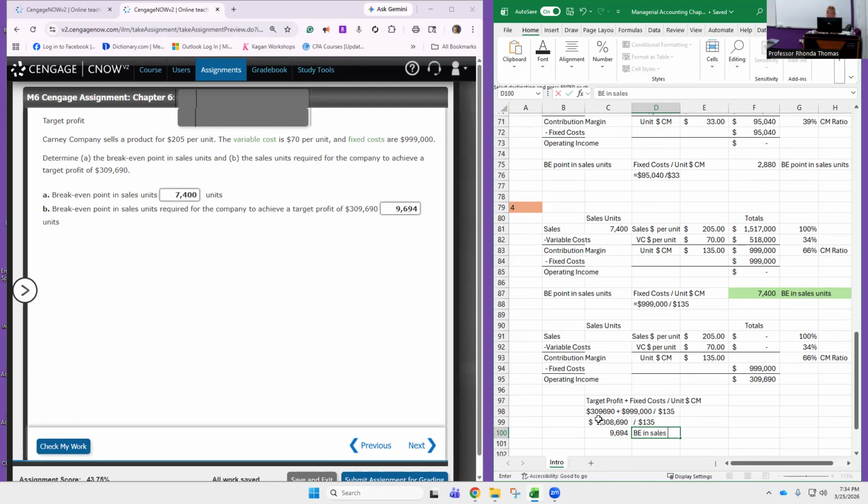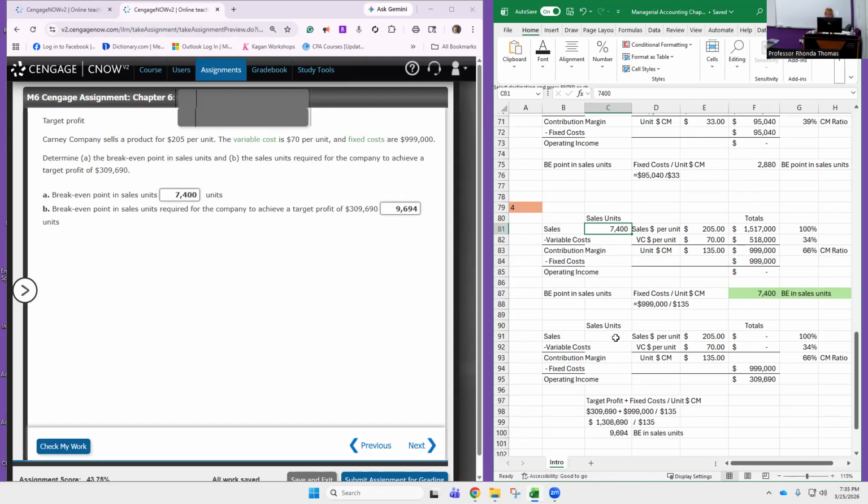Okay, and we're not breaking even. We're making $309,690. That is not breaking even. Breaking even is zero. But back up here, breaking even was selling 7,400 units at this price.